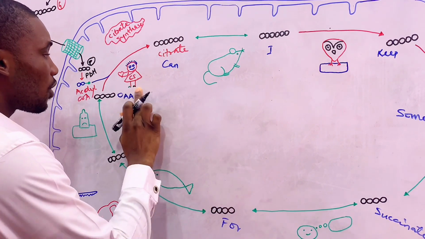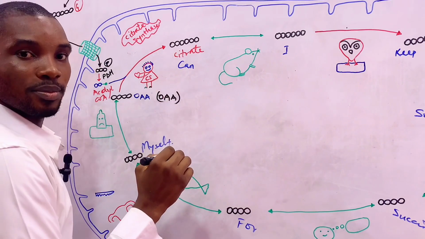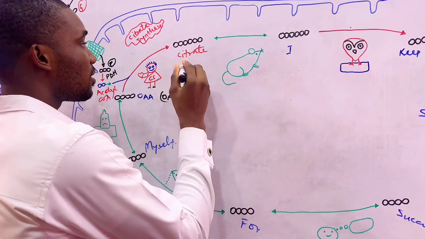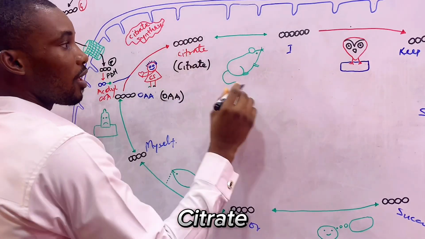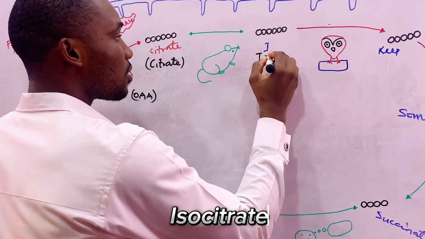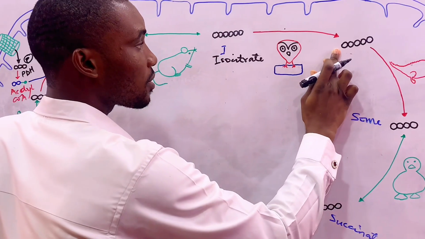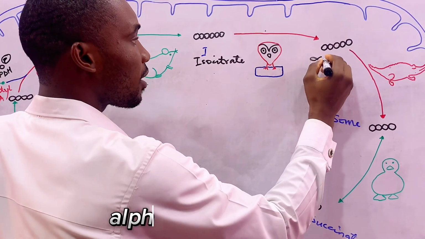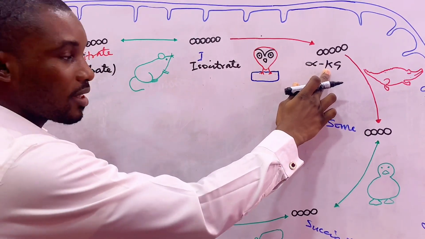For the O, we have oxaloacetate, right? For the can, we have citrate. Then the I, we have isocitrate. Then for the keep, we have alpha ketoglutarate. Okay, so we are interested in the K, right?